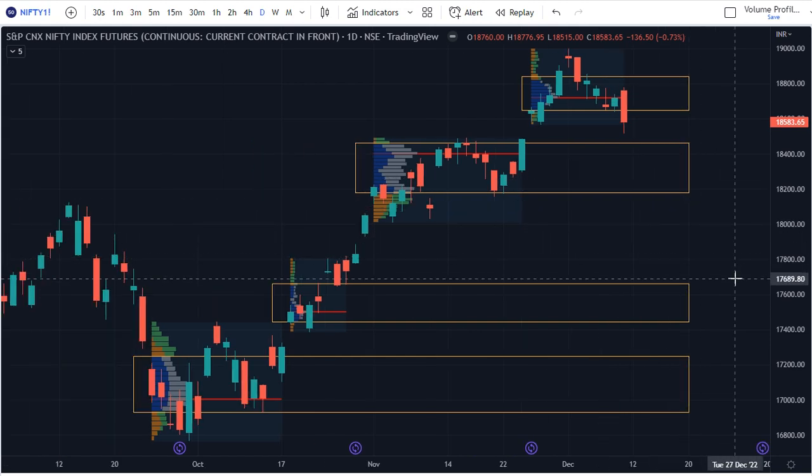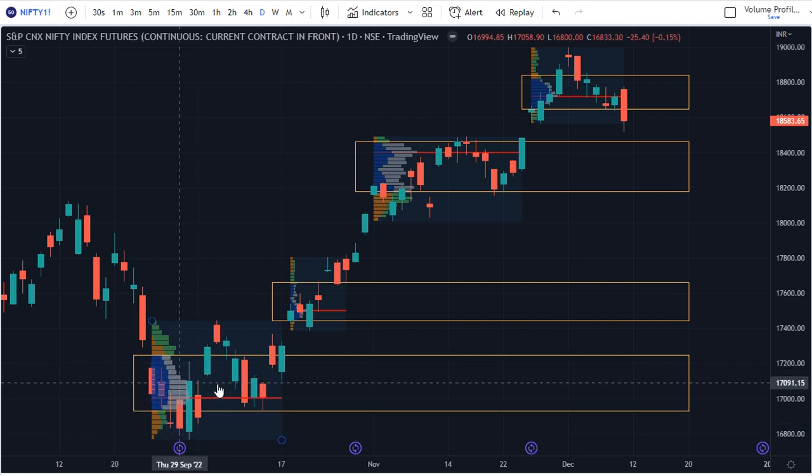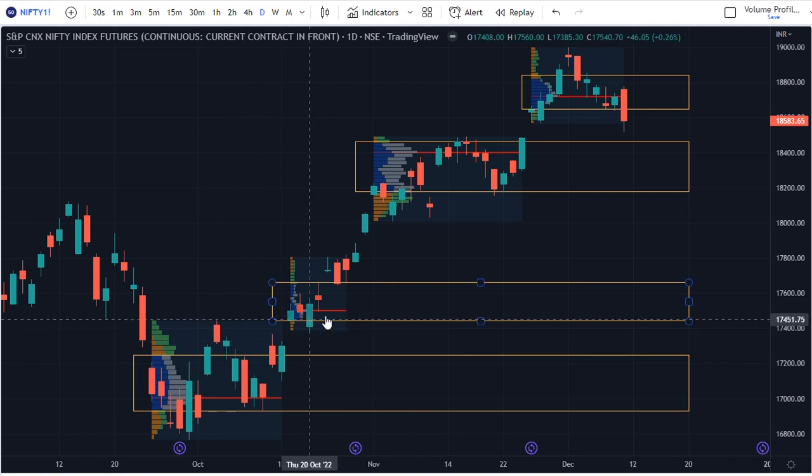I have used the last swing low, around the end of September, just about the beginning of October, to start my analysis. Using the volume profile and accumulating levels within each volume profile segment, I have tried to create areas of value, the value areas.